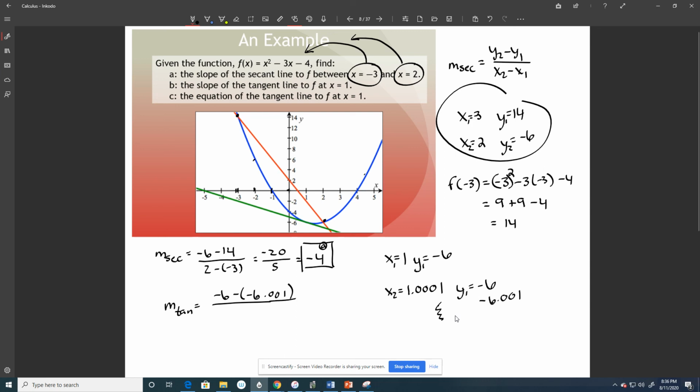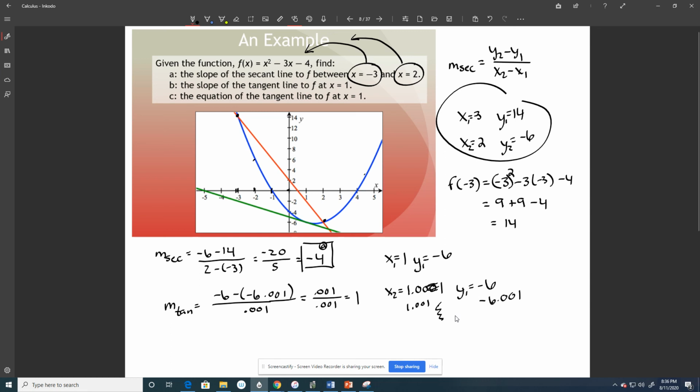That's going to go on top. And on bottom, I moved 0.001, right? Because my x value, we didn't use this one. We used 1.001. So negative 6 minus 6.001 is actually 0.001 over 0.001, which is just 1.